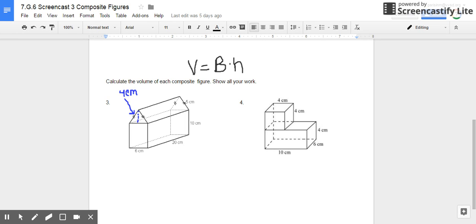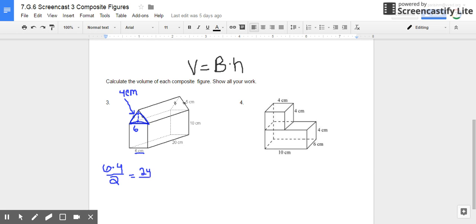So our base right here of a triangular prism is a triangle. So to find the area of a triangle, we're going to do base times height divided by 2. This length going across is also 6 centimeters, because if we look below, we see that length across is 6. So we really have 6 times 4 divided by 2 will give us the area of the base of the triangular prism. 6 times 4 is 24.